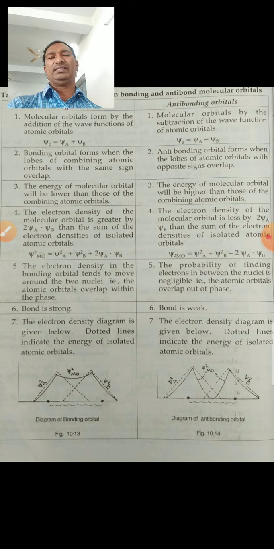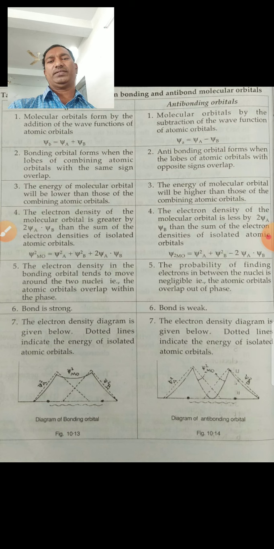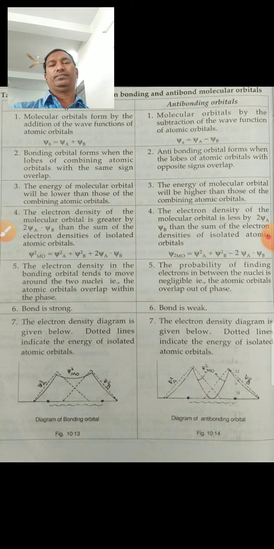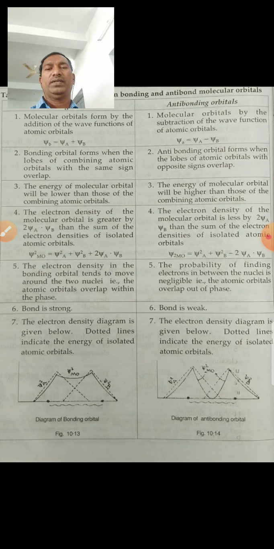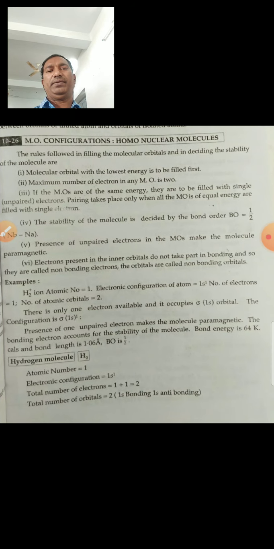Electron density in the bonding molecular orbital is denoted by psi square MO, and in the antibonding molecular orbital by psi star square MO. The electron density of the bonding molecular orbital is greater by 2 psi a psi b, and that of the antibonding molecular orbital is less by 2 psi a psi b.